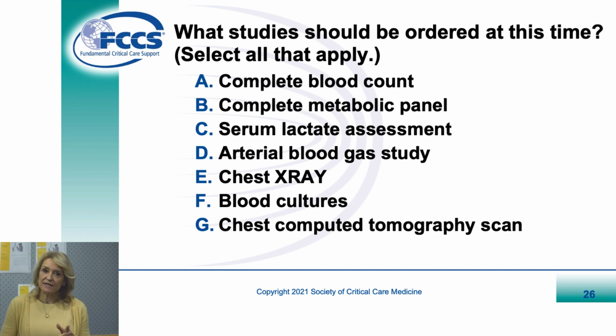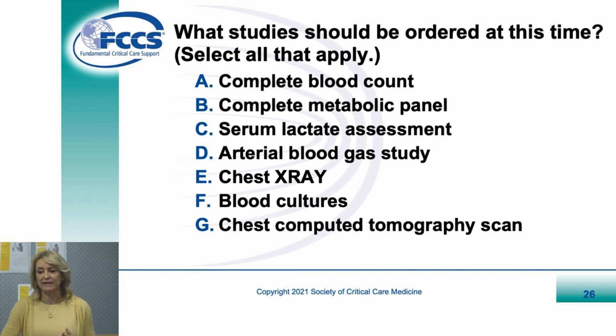Here's another pearl: order the things you can do at the bedside. The last thing you want to be doing is sending this patient down to radiology because they don't like it when patients arrest in radiology, and it also makes you look really bad, and it's bad for the patient. So stick with things you can do at the bedside.